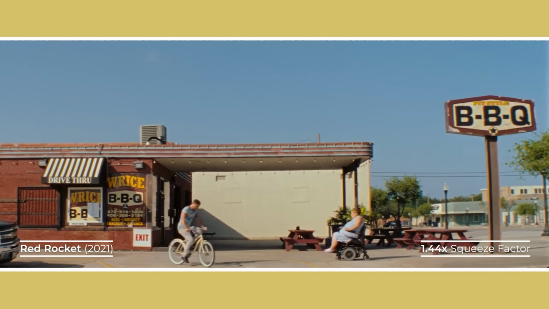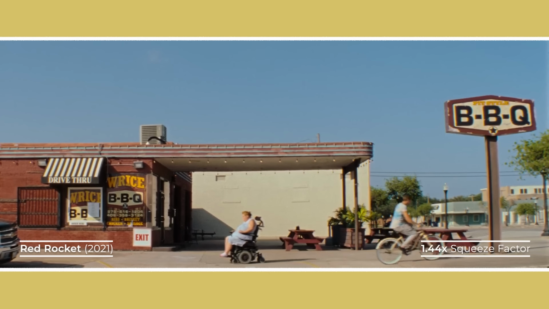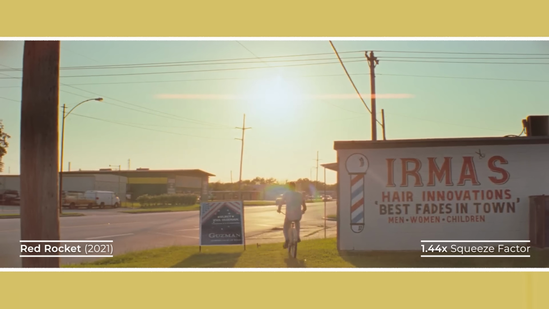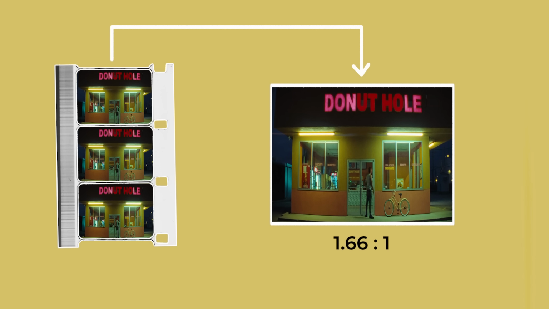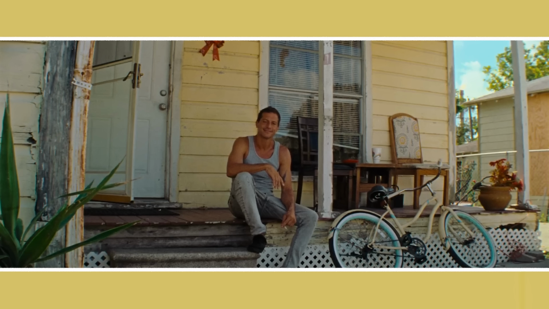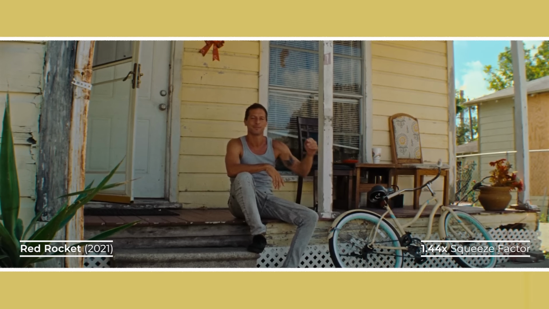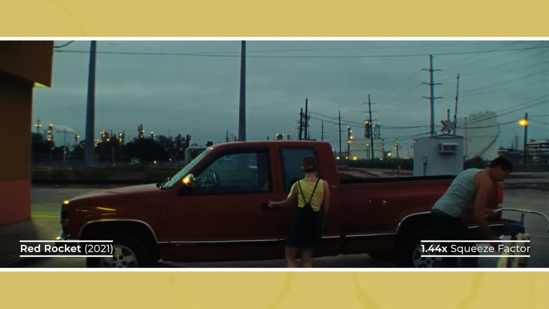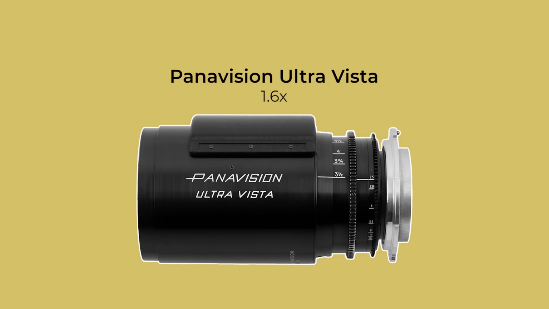Panavision also has a very niche set of 1.44x Auto Panatar anamorphics, which can be used to convert the native 1.66 to 1 aspect ratio of 16mm film into a 2.39 to 1 aspect ratio once de-squeezed, such as was done on Red Rocket. In a similar range to 1.5x, Panavision also has the new Ultra Vista anamorphics, with their 1.6x squeeze factor.